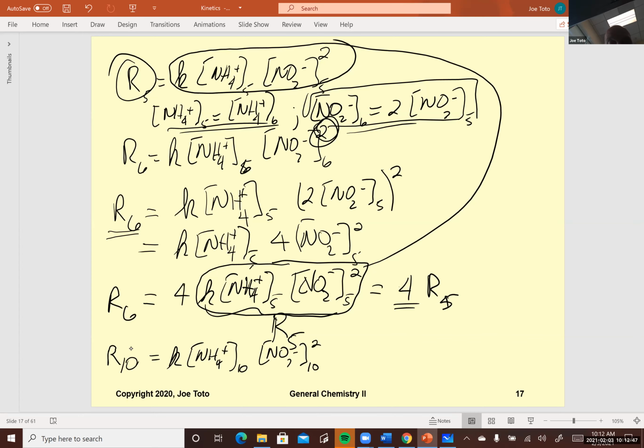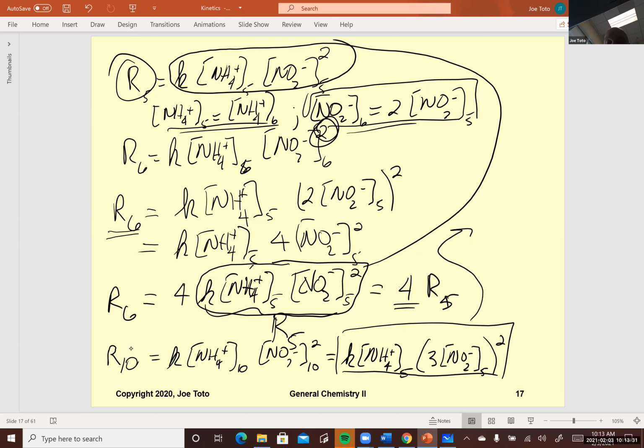All right, so we can do that. We'll just bring this down. The ammonium in 10 is the same as 5, so I can replace that with a 5 subscript because I didn't change that. And now I want to replace the concentration in 10 with the concentration in 5, but I want 3 times that amount, and this whole thing is squared. Okay. So now I'm running out of room.